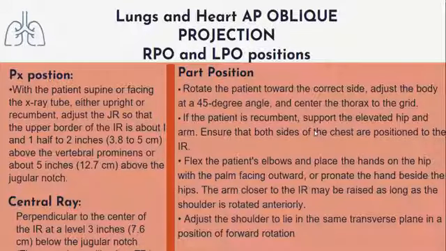Then next, we need to flex the patient's elbow and place the hands on the hip with the palm facing outward, or pronate the hand beside the hips. The arm closer to the IR may be raised as long as the shoulder is rotated anteriorly. We need to adjust the shoulders to lie in the same transverse plane in a position of forward rotation.